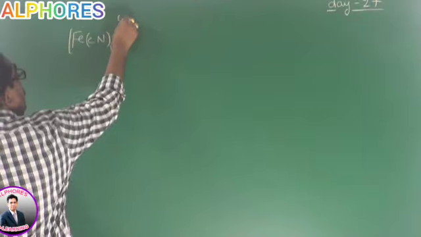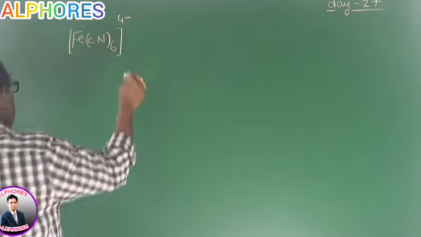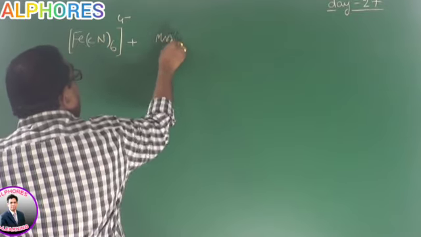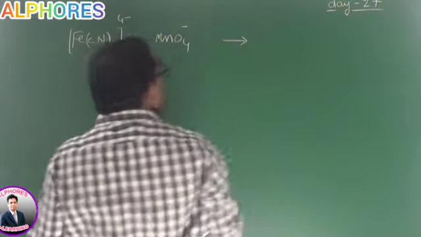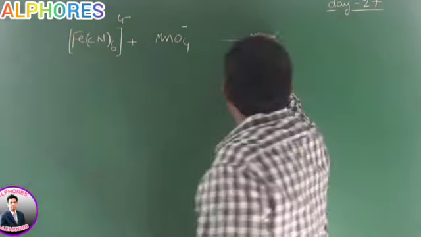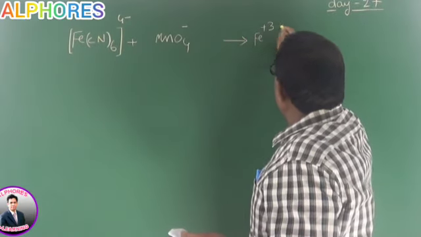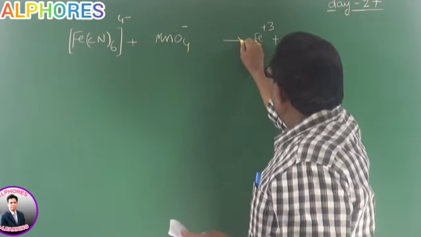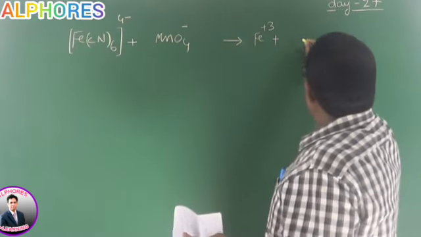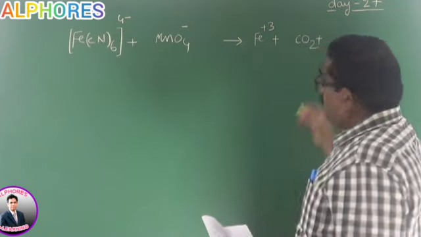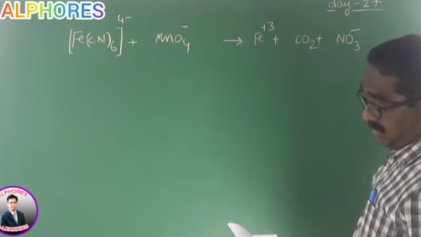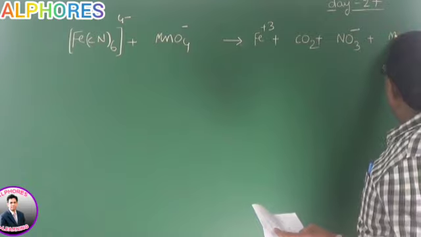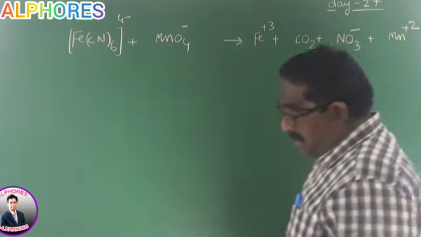Fe(CN)6 4 minus, write down students, and permanganate MnO4 minus gives rise to, this side, ferric Fe plus 3, carbon dioxide, note it down, nitrate, and Mn plus 2.